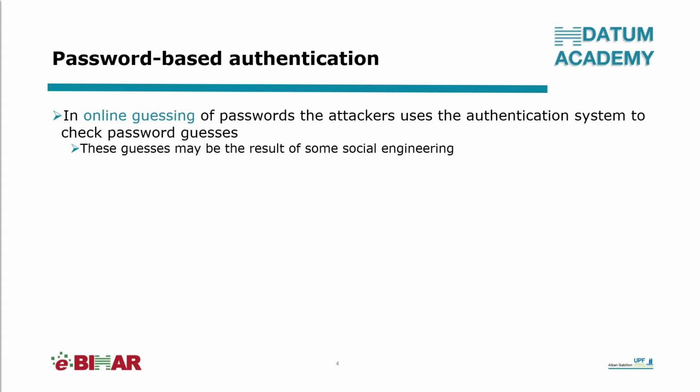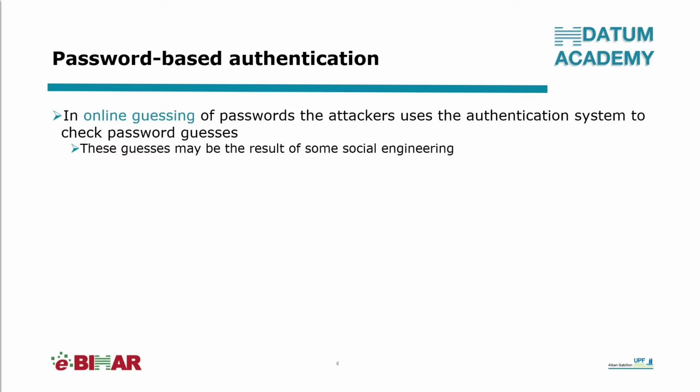So let us first consider the problem of an attacker trying to guess passwords. There are different ways for an attacker to guess a password. In online guessing of passwords, the attacker uses the authentication system to check password guesses. And these guesses may be the result of some social engineering.